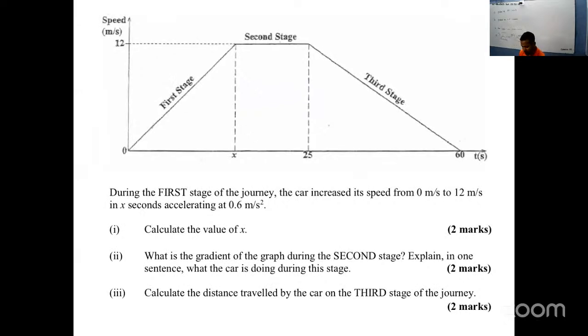I'm giving you a few minutes. Take a look at it and try to work it out based on the information. All the info you need is number 2, number 3, number 5.